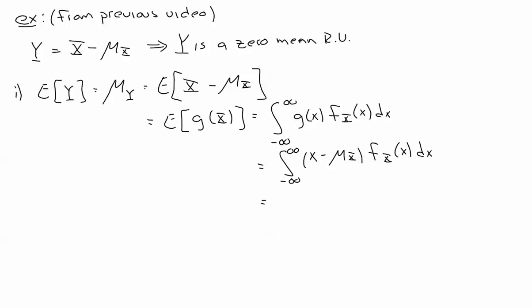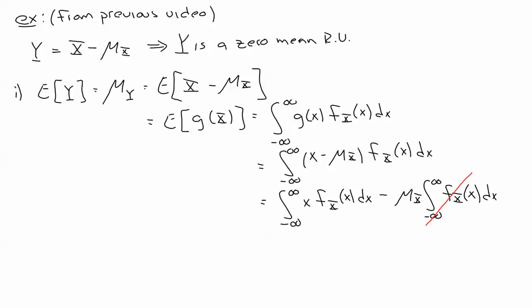And expanding this out, I get integral from minus infinity to infinity of x times its probability density function minus a constant, which always comes outside of my integral sign. Okay, well, now let's notice that the area under any probability density function is exactly 1. And this is the expected value of x.